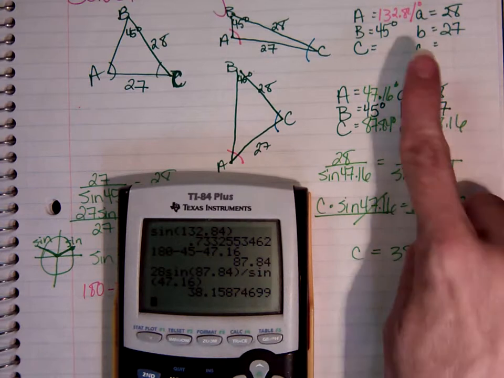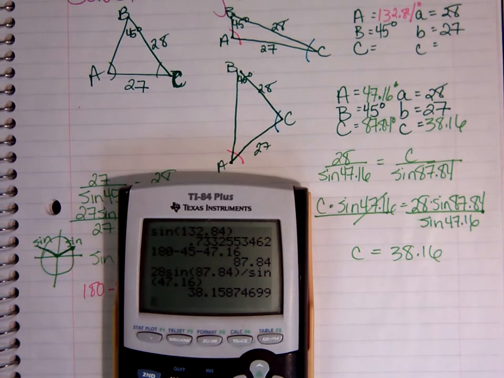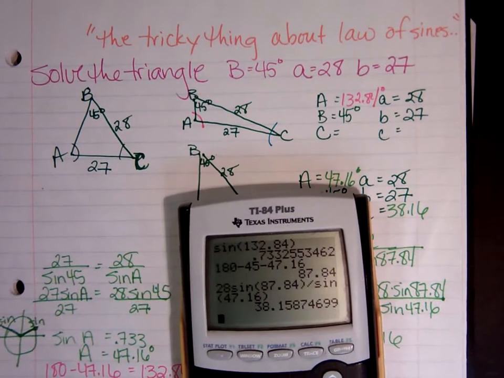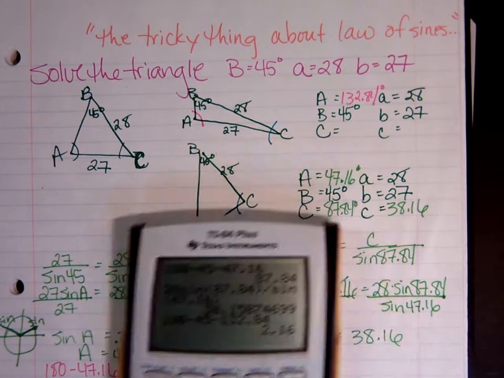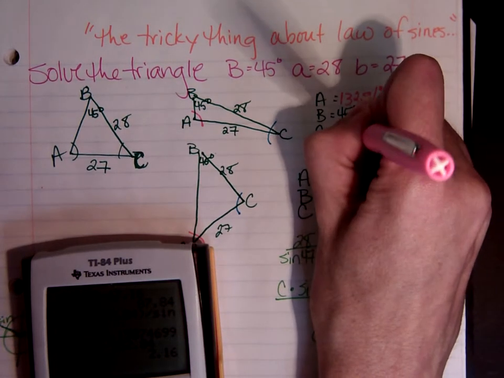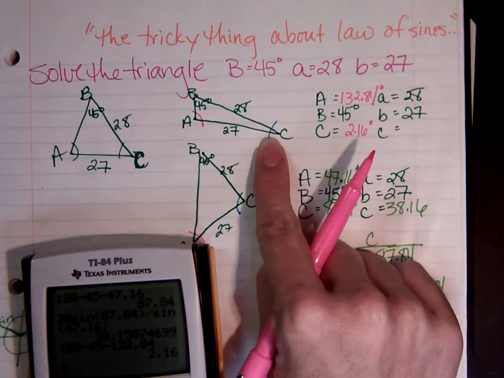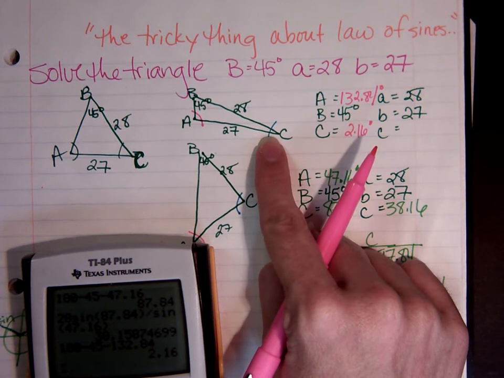Let's go back to our other triangle. 180 minus 45 minus 132.84 is 2.16 degrees, which is this little tiny acute angle right here.